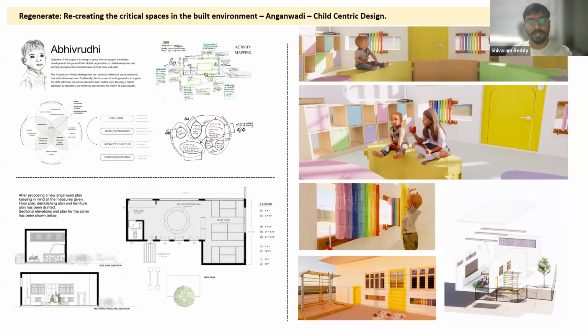After doing the primary studies in the respective villages, the students came back and had to work on spaces which are user centric, child centric spaces. Anganwadis typically provide services or spaces for 0 to 6 years predominantly, and there is a particular goal for the entire Anganwadi network that they have.